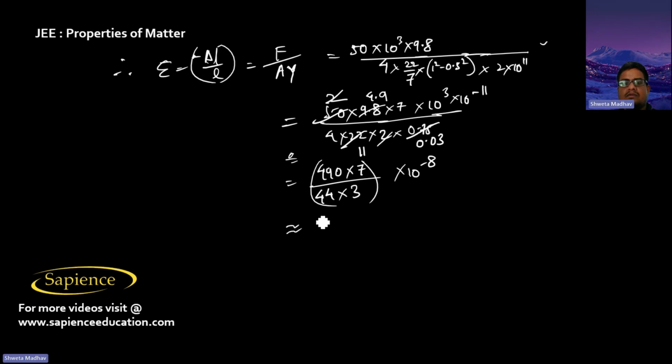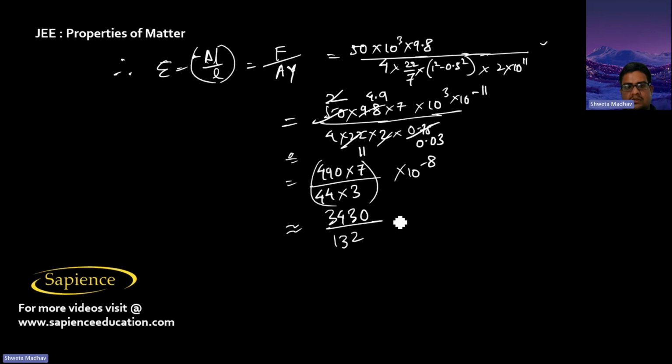So this will be approximately, this is 490 into 7, that is 3430 divided by 132.